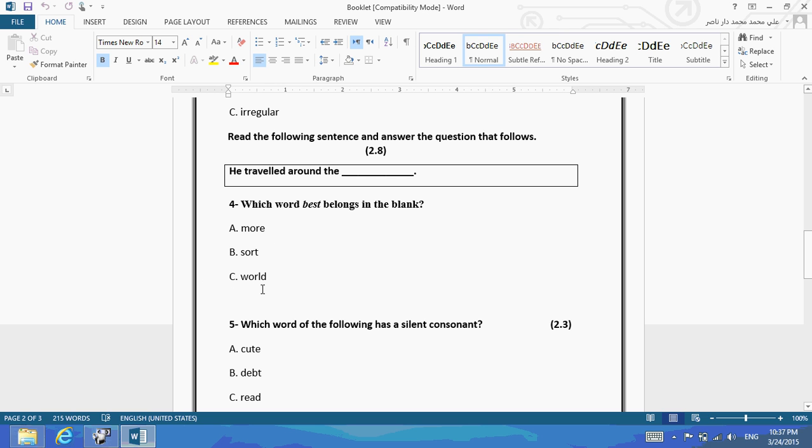All the words are spelled in the same way, O-R, O-R, O-R. More and sort share the same pronunciation, whereas word has a different pronunciation. And generally, from the meaning, you can notice that the answer should be well, because you cannot travel around the more, you cannot travel around the sort, you have to travel around the world.